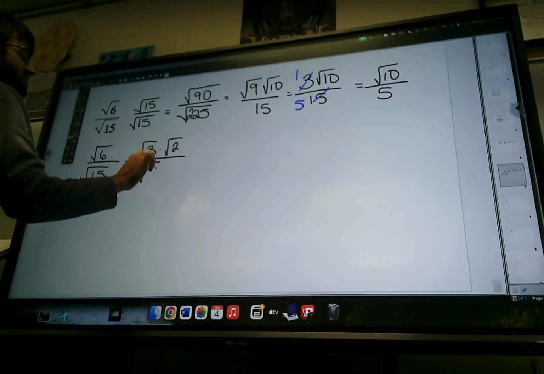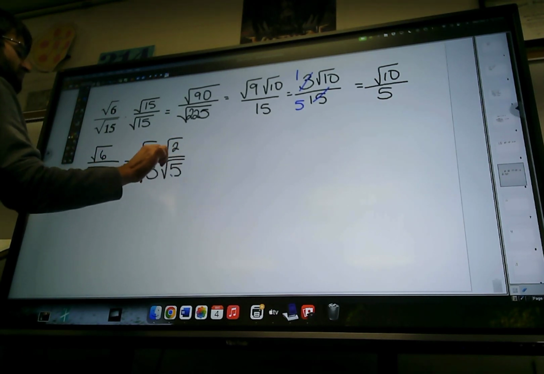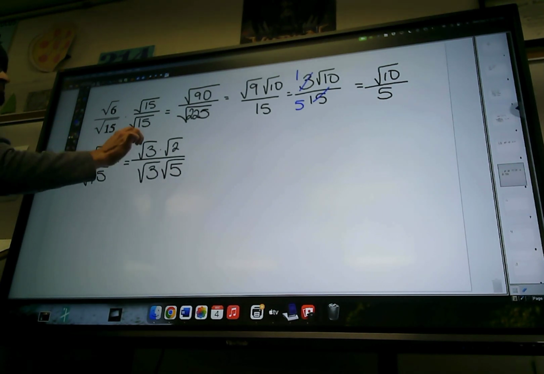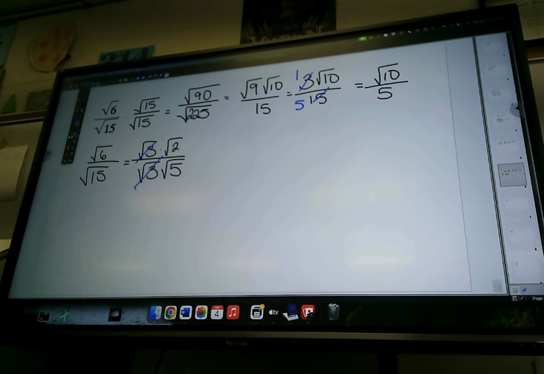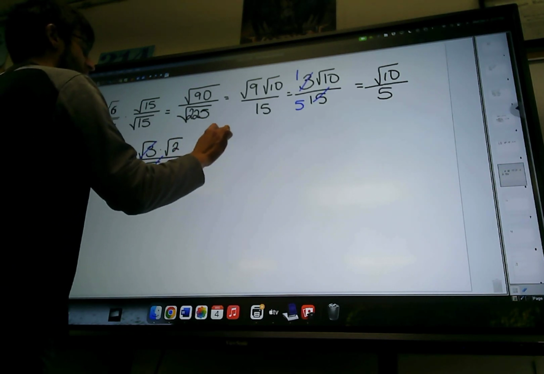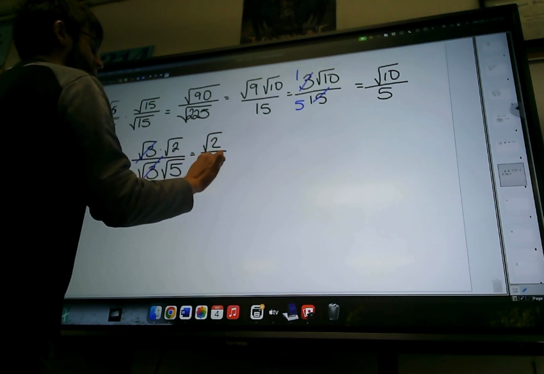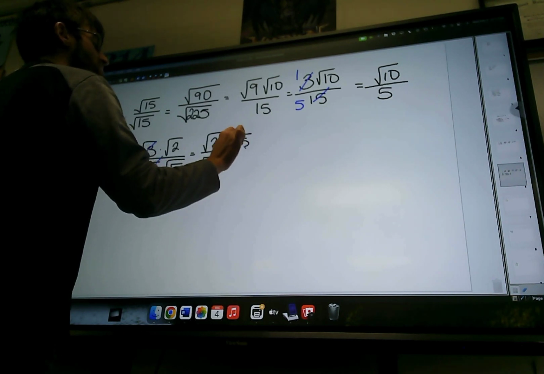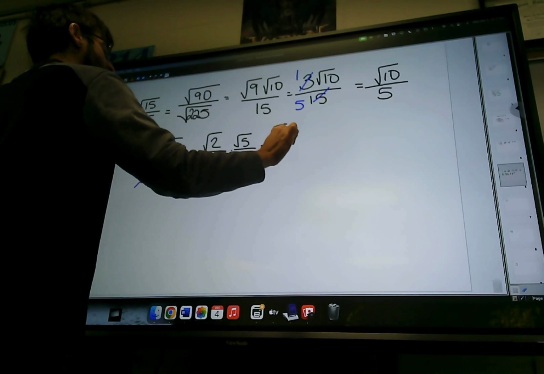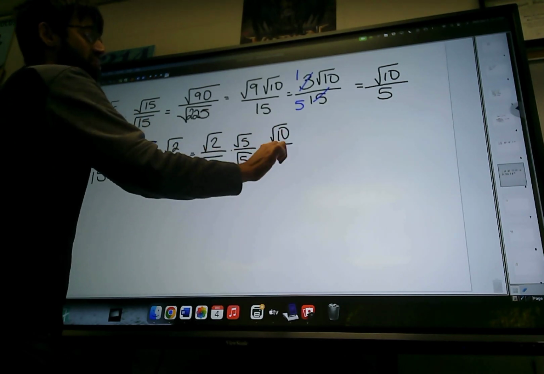Square root of 15, can I call that the square root of 3 times the square root of 5? Again, yeah. Because there is multiplication, I can cancel those out. And all I'm left with is the square root of 2 over the square root of 5. Once I multiply by the square root of 5 over the square root of 5, that is going to be the square root of 10 over the square root of 25, which is 5.